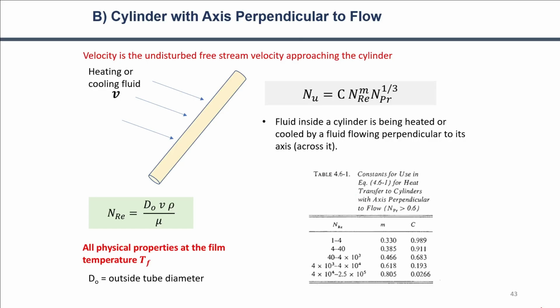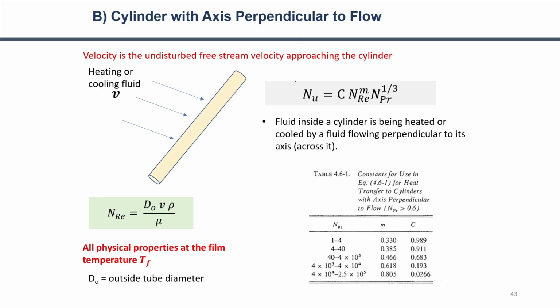The equation for predicting the average heat transfer coefficient on the outside of the cylinder for gases and liquids is as shown previously.